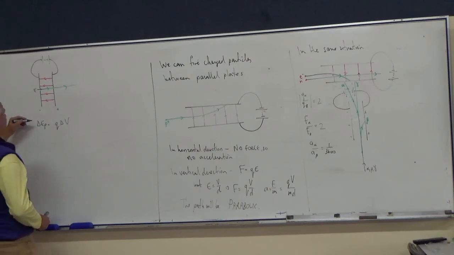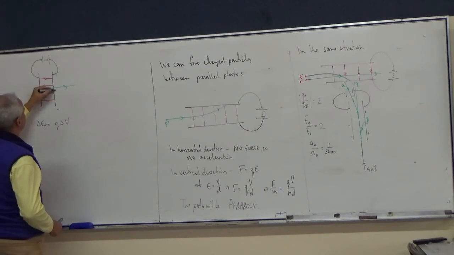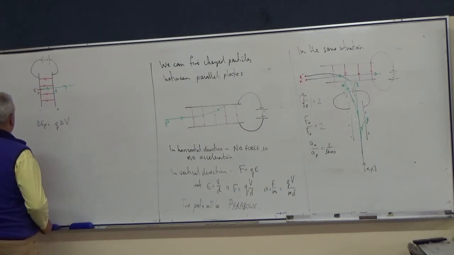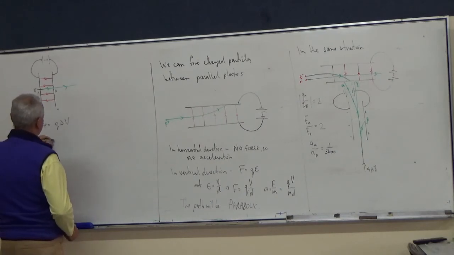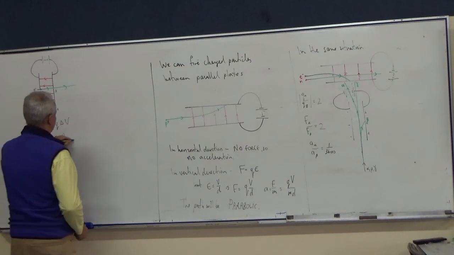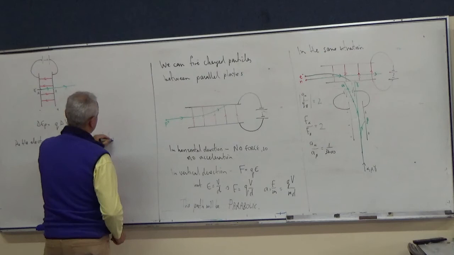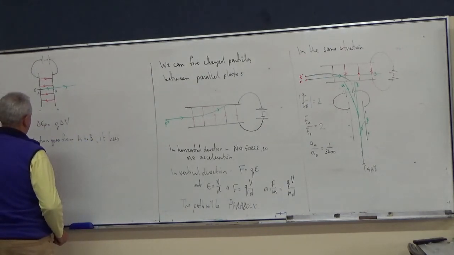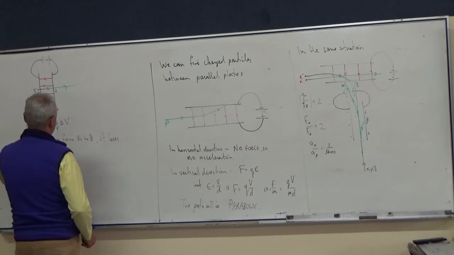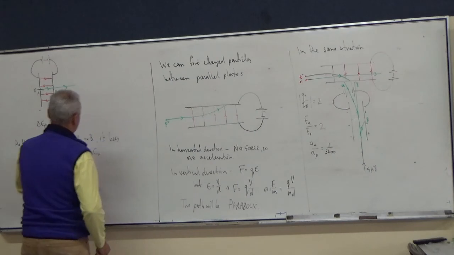So let's go from A to B. As the electron goes from A to B, it loses electrical EP and gains EK.